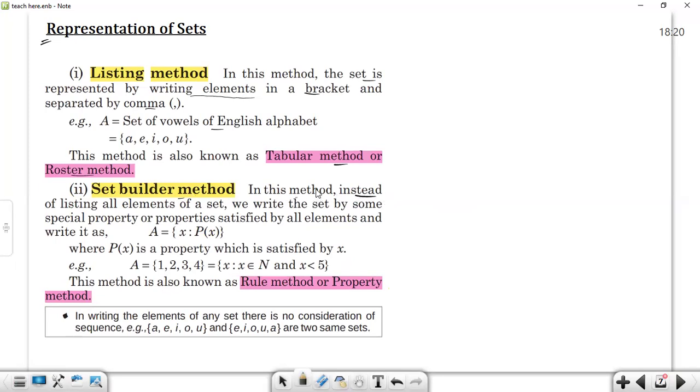In this method, instead of listing all elements of a set, we write the set by some special property satisfied by all elements, and write it as A = {x : p(x)}, where p(x) is a property satisfied by x. Let's look at an example. So this particular form is the set builder form.